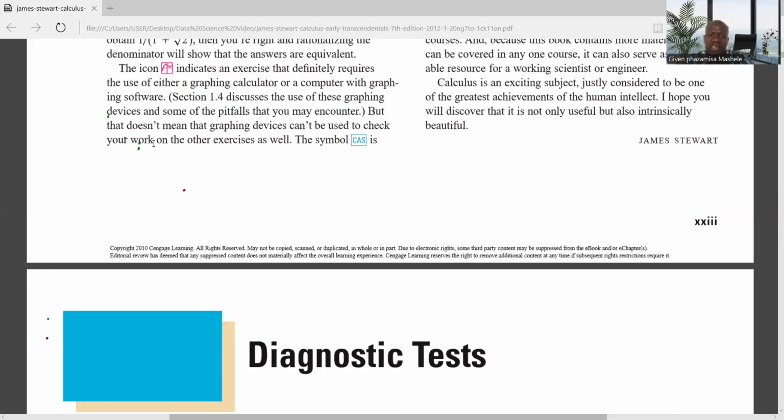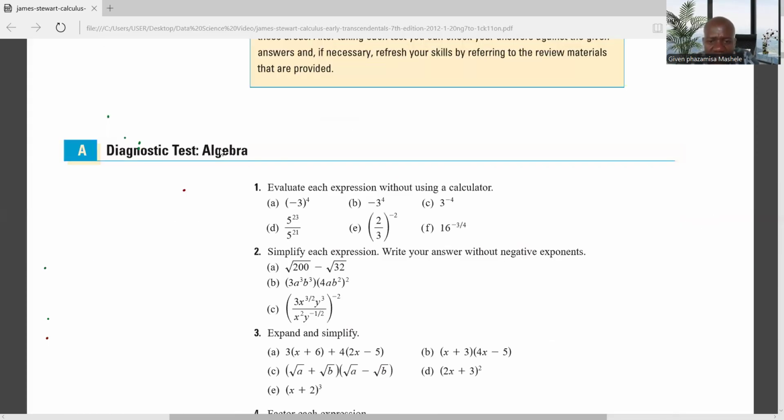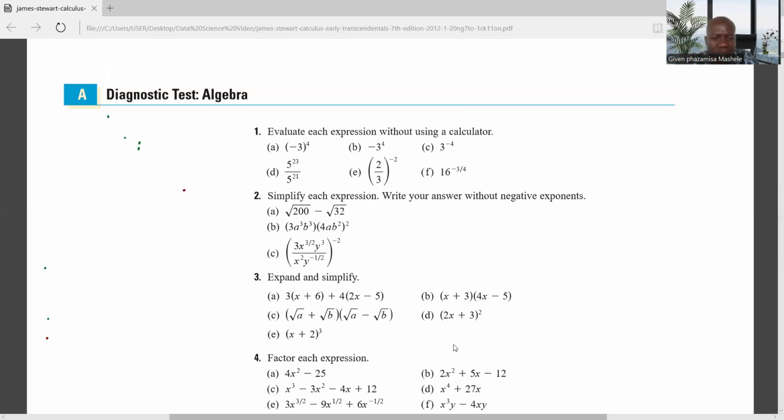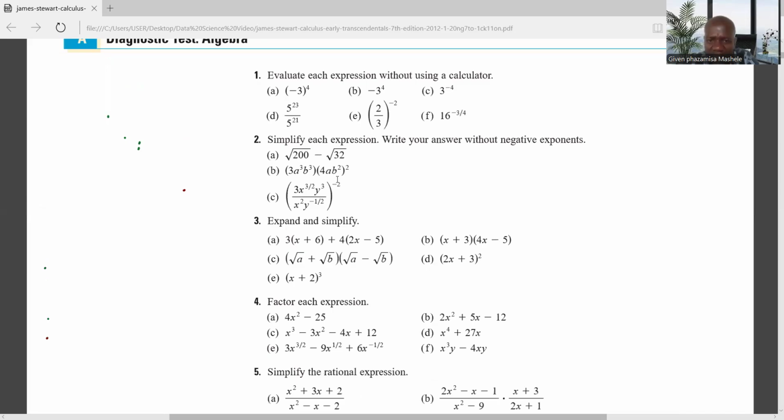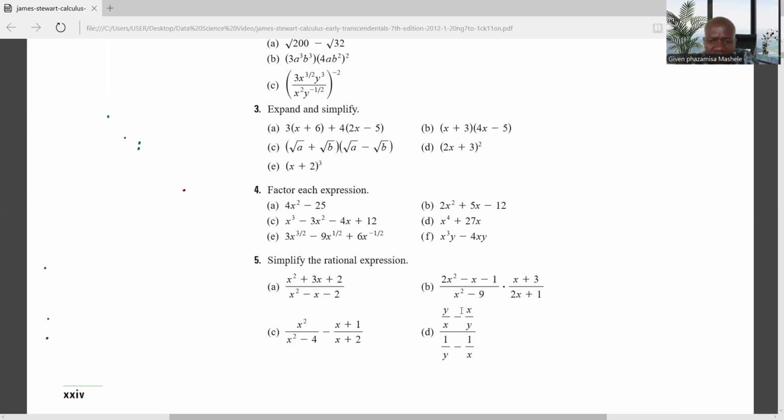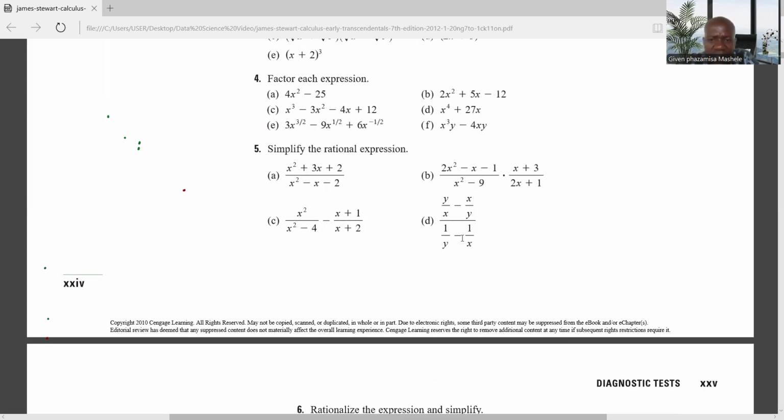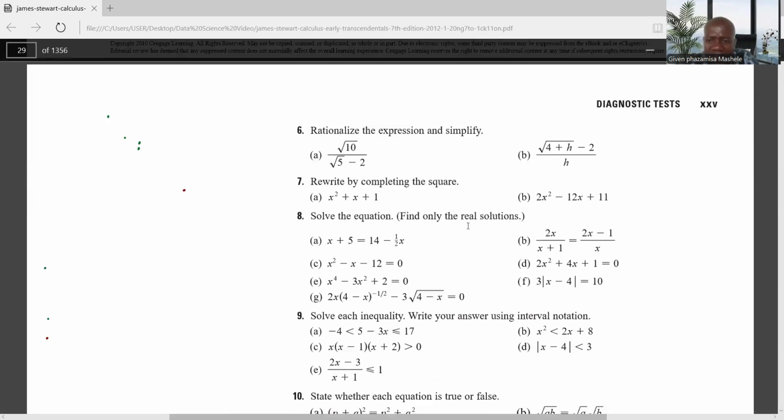This is just a test to check your level of understanding, but I strongly believe that you know these things. It covers what I was talking about: exponents, algebra, how to simplify expressions. I strongly believe you know how to do that. Like simplifying fractions, solving for x.